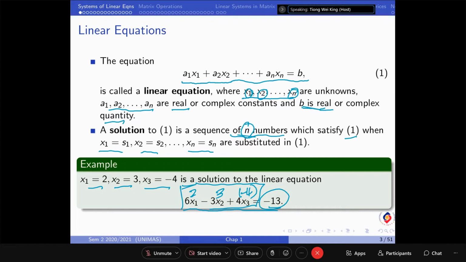That's when we say x1, x2, x3 is a solution to this linear equation. If you cannot get -13, then this is not a solution.